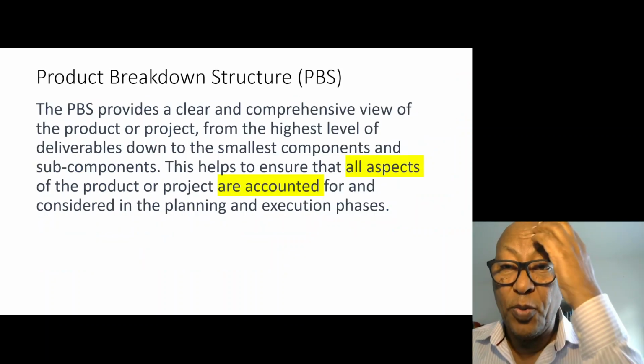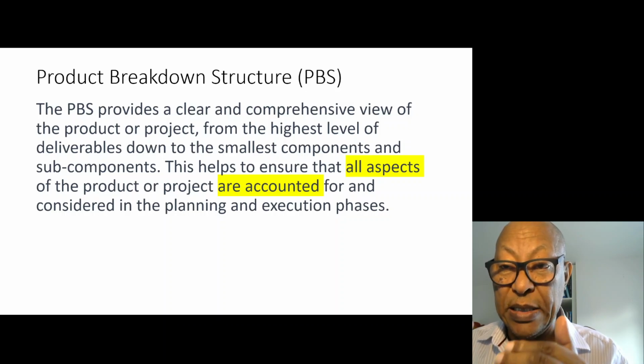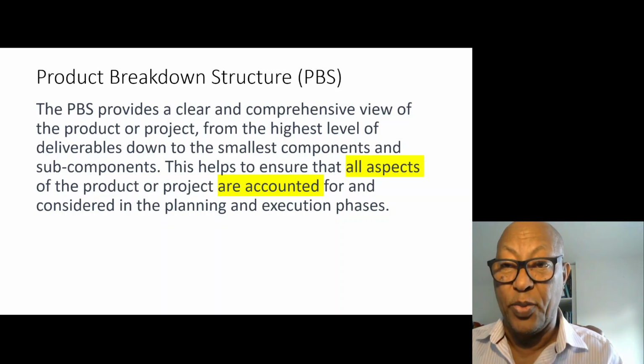So in terms of the product breakdown structure, the core element is that the PBS provides a clear and comprehensive view of the product from the highest level to the lowest level. The highest level is the deliverables that we promise to the customer, this is what we're going to produce.